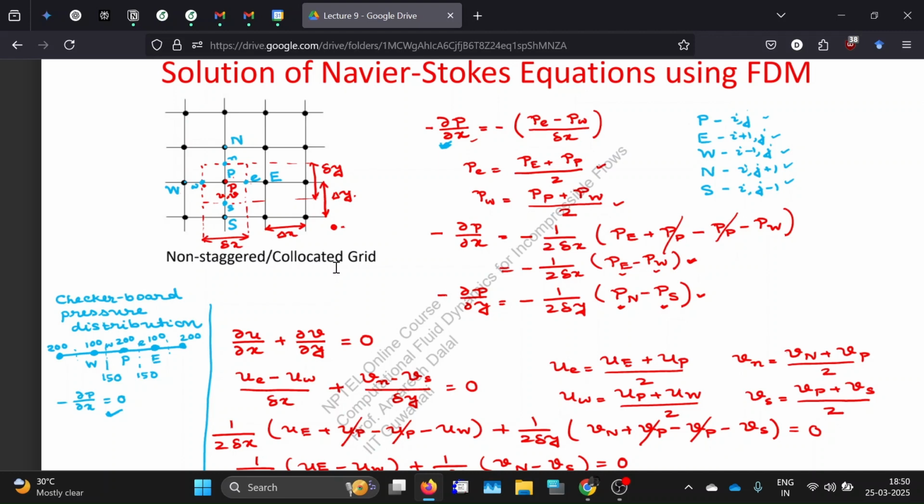Okay. And the next thing is why we go for this small e. If I am at capital P, when I am writing del P by del x, then why do I go to small e and w? Why don't I go directly to capital E and W? Because, let's say earlier when we were doing central difference, we went to this directly.